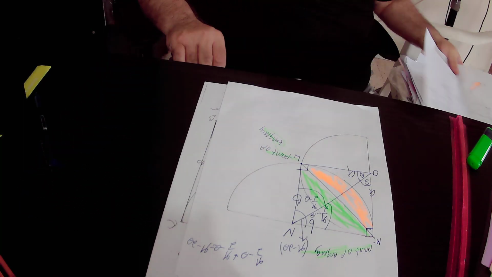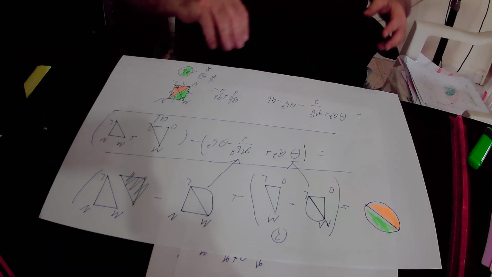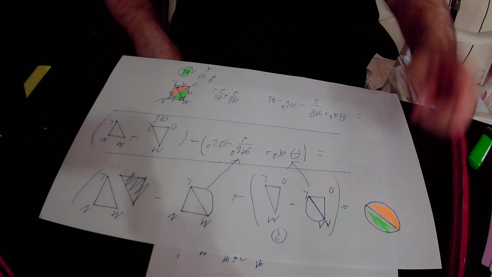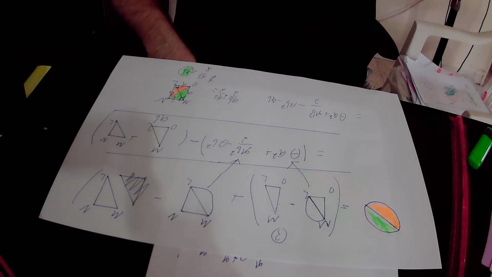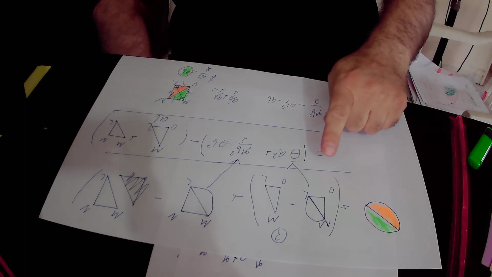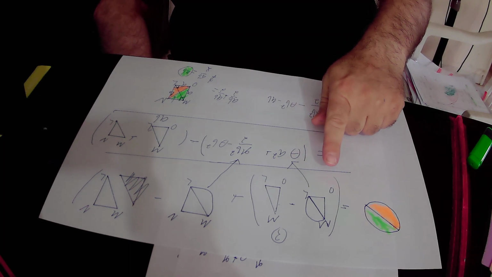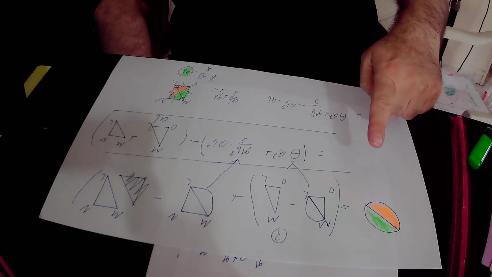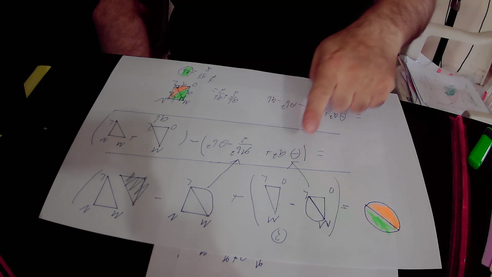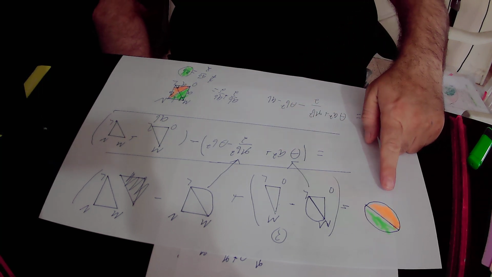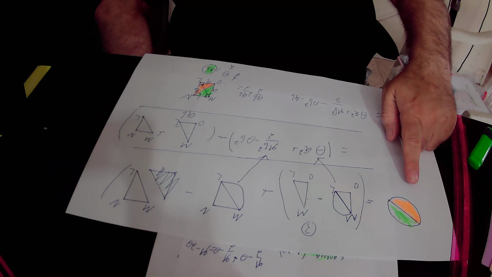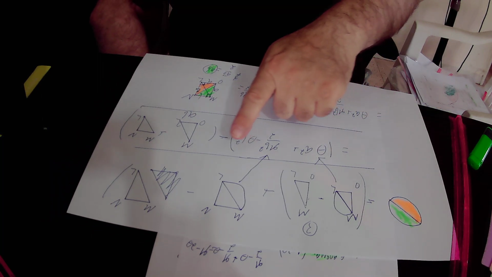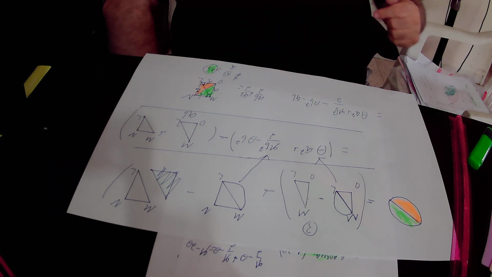Okay, and actually we have that the area of this lens equals the area of the upper circular segment, that is the area of sector MOL minus the area of triangle MOL, plus the area of the lower circular segment, that is the area of sector MNL minus the area of triangle MNL.